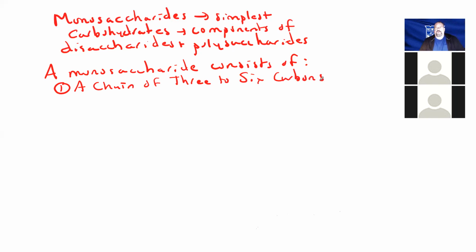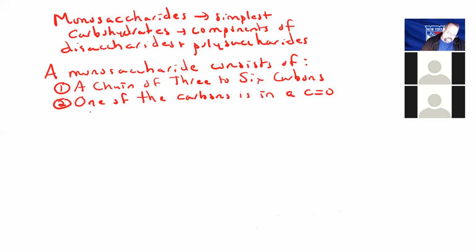And we saw the terms associated with that: triose, tetrose, pentose, hexose. So a chain of 3 to 6 carbons. One of the carbons is in a C double bond O group. And that led us to 2 different functional groups.